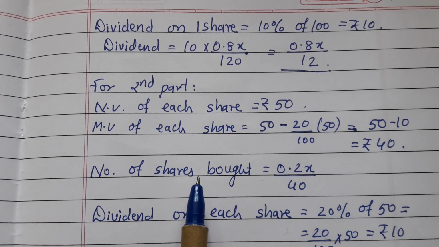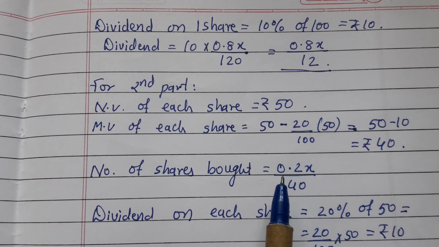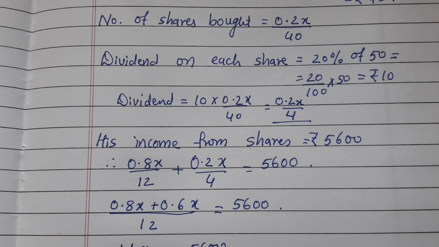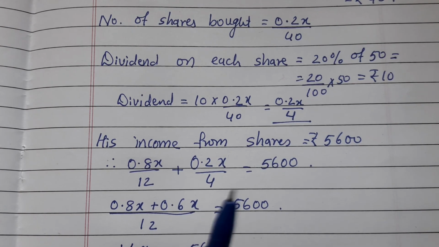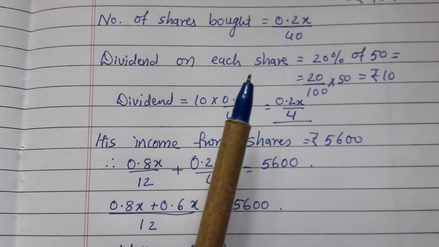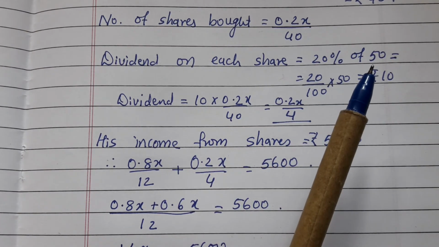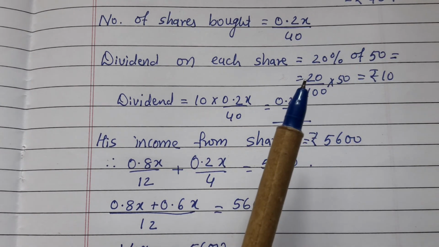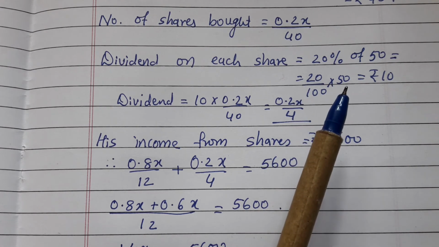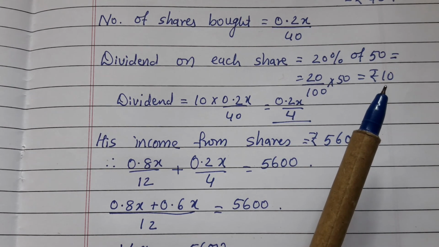Number of shares bought, 20% of the savings. So 0.2x upon 40. Dividend on each share, 20% of 50. That is equal to 20 upon 100 into 50 equal to rupees 10.